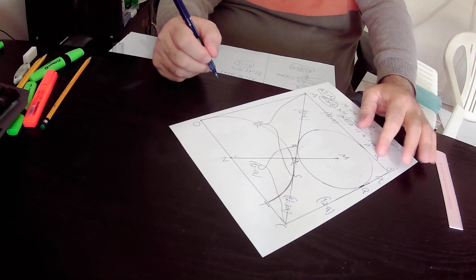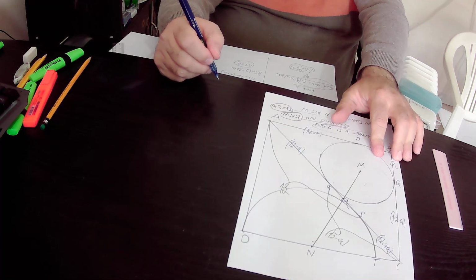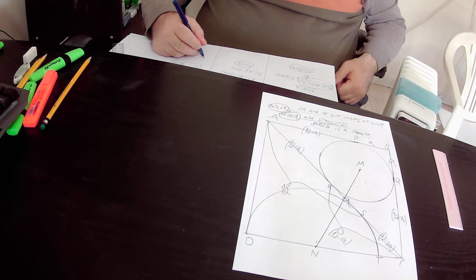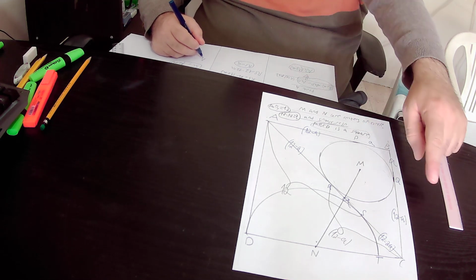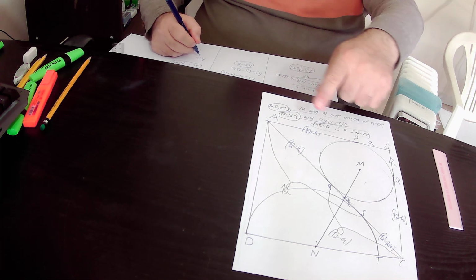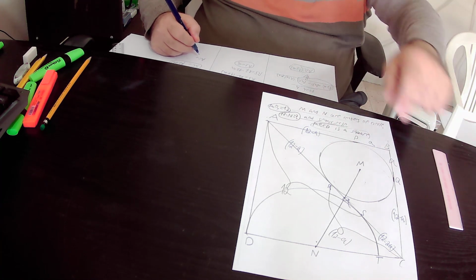And what is the value of diagonal AC? The value of diagonal AC is equal to AR plus RC.